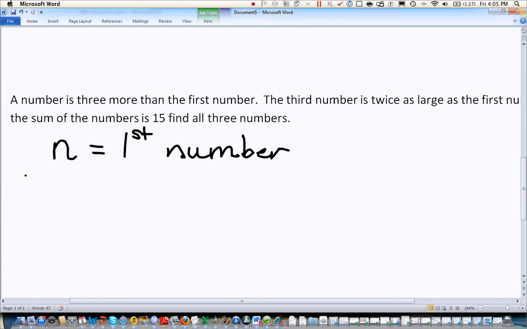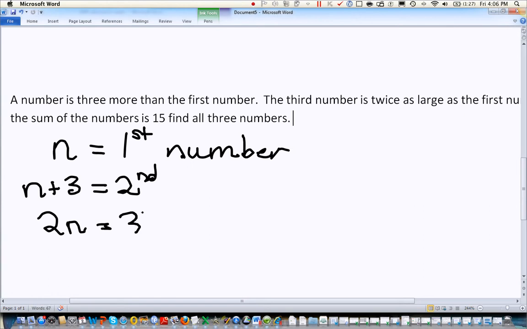Well, 3 more than n would be n plus 3. And the third number is twice as large as the first number. Twice as large, 2n. What are we going to do with these numbers?